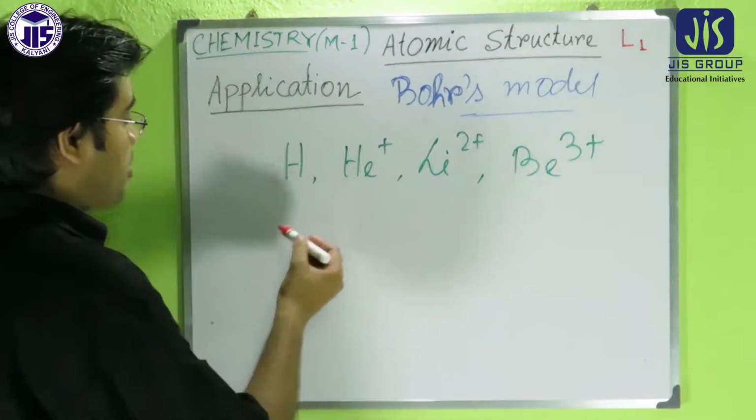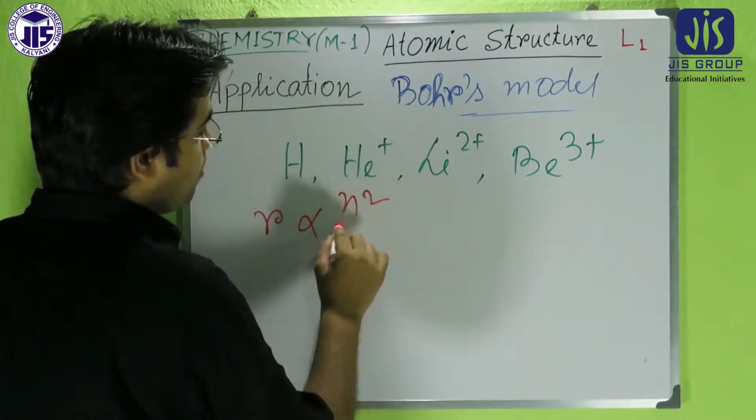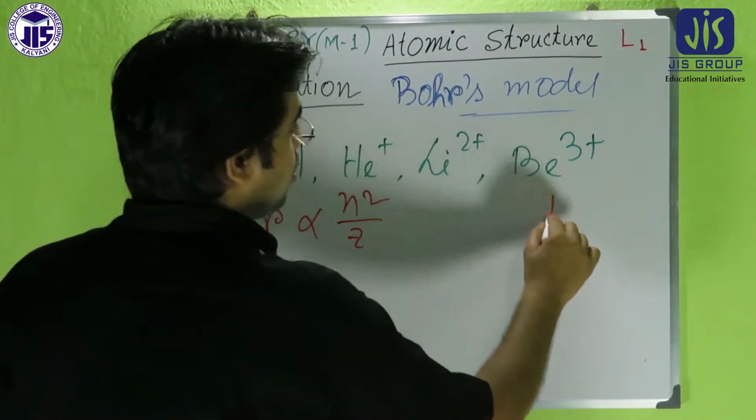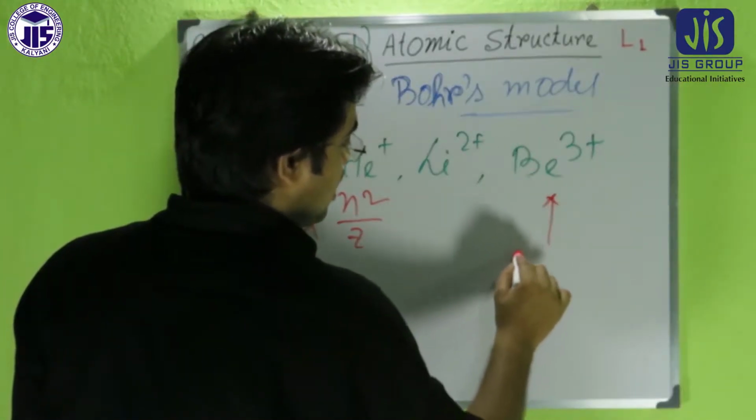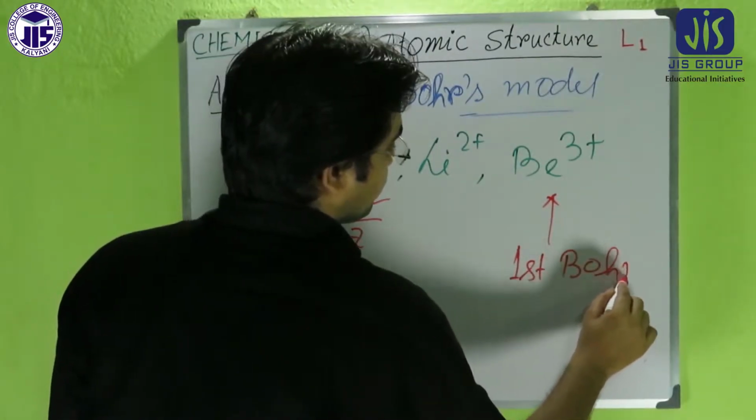Okay, so for that purpose we know that R is proportional to n square by Z. Here, for each and every case, it is considered the first Bohr orbit.